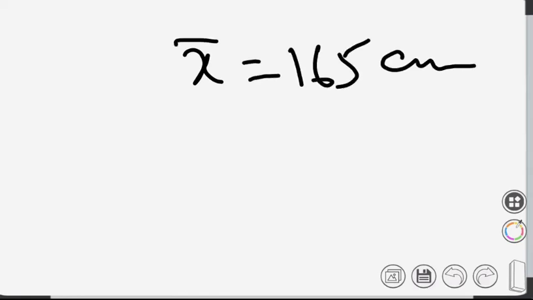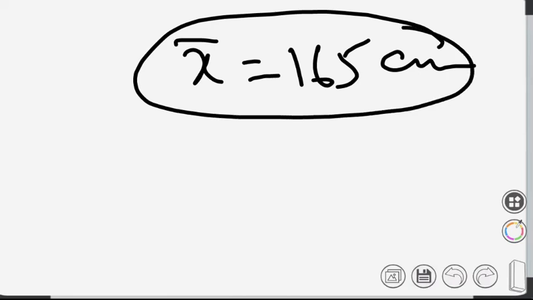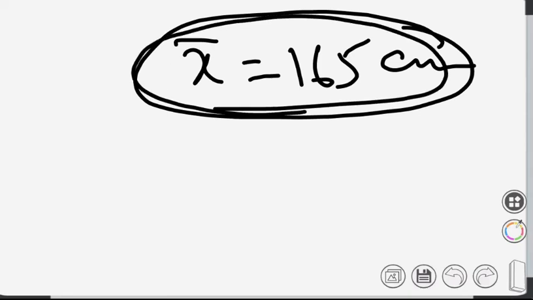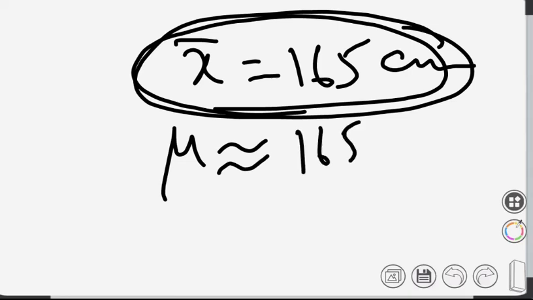It is x bar because we have chosen a sample and taken the average of that sample, and from that I can interpret, I can decide, that the average height of all the students will be around 165 centimeter.